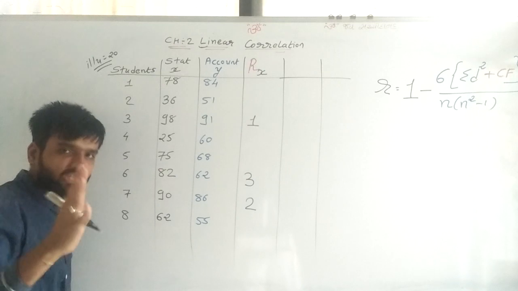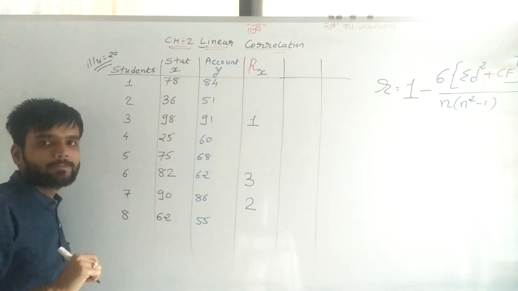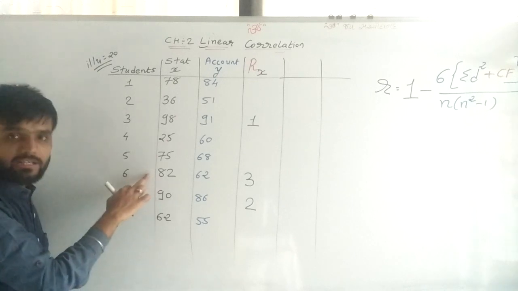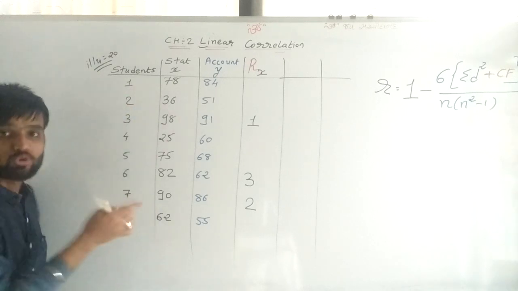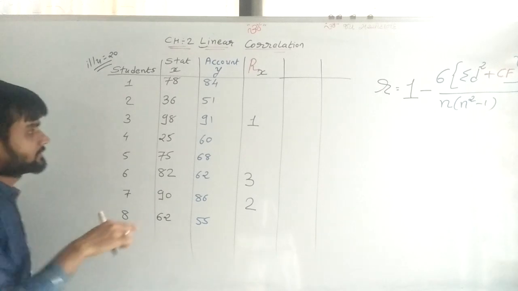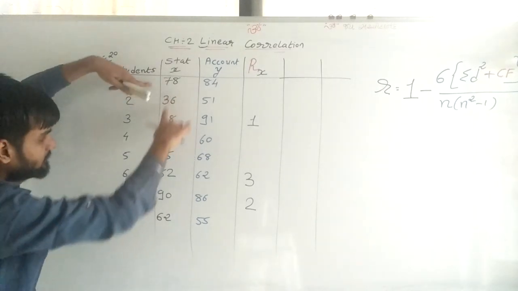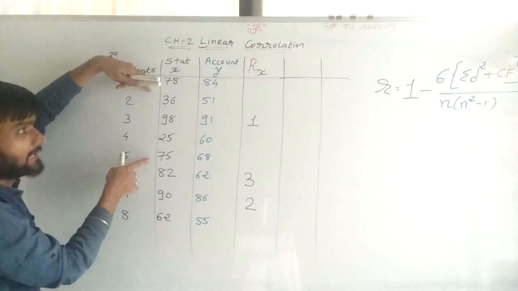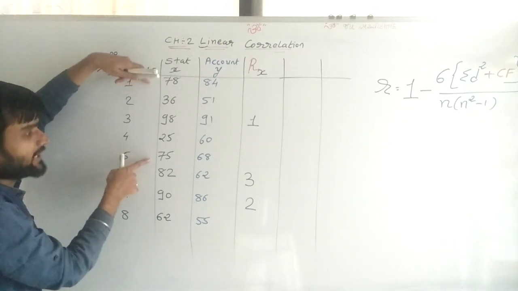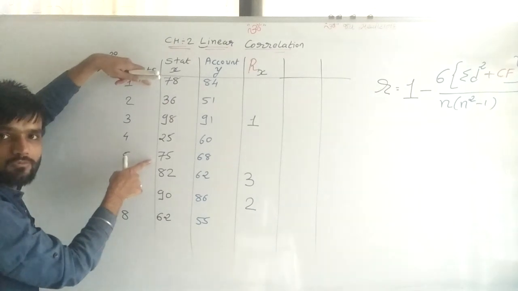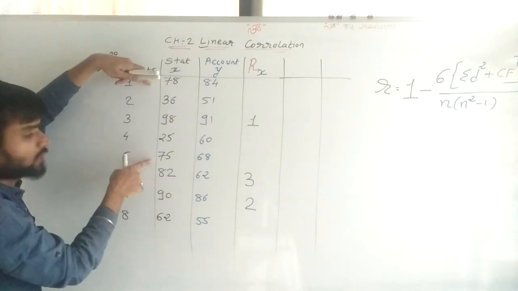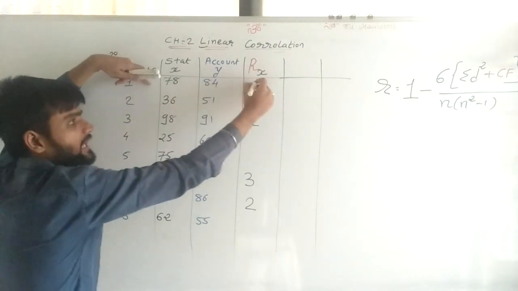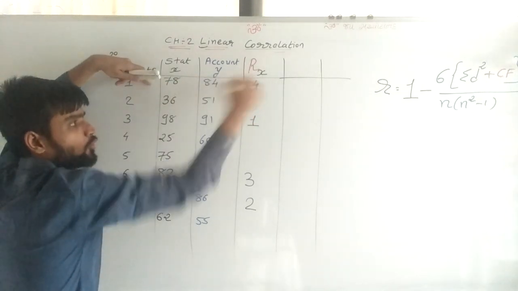Now talking about the fourth rank. Now see, in the 80s line nobody is there. Now check the 70s line. Sir, 2 students are getting 70s marks. So here 78, here 75. So who is first from these two? 78. And that's why its rank is fourth rank.